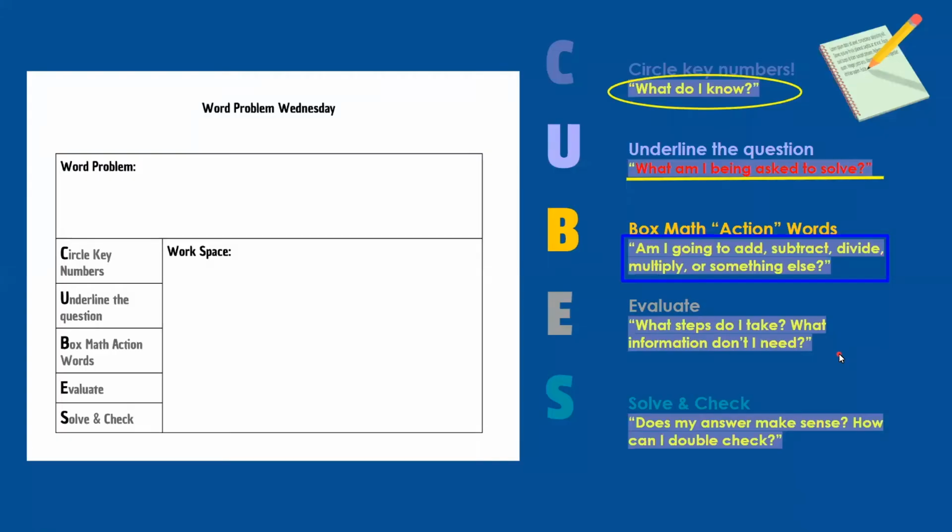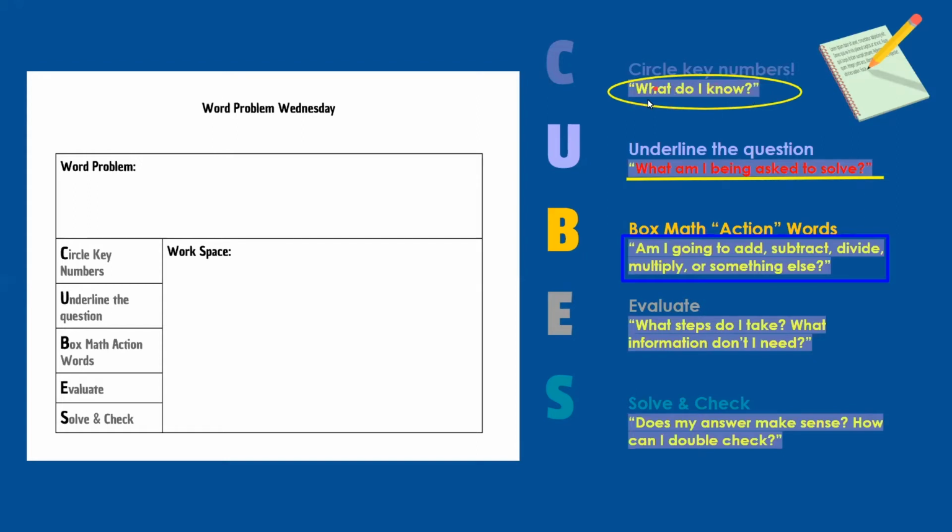So, Word Problem Wednesday. We use the CUBES model, and it's a model that we use when we write the problems. You can use any version of this you want, but it's just something we use. C: circle key numbers. It's just, what do I know? We can circle them in yellow or highlight them in yellow.